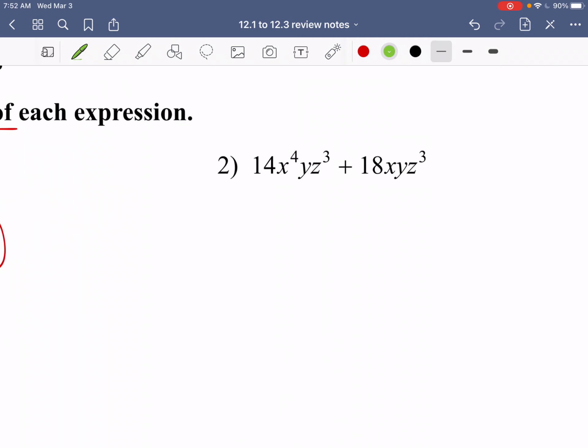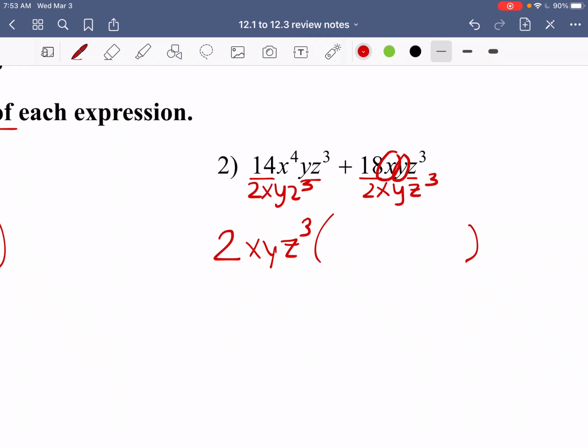Number 2, you're looking for the greatest number that goes into 14 and 18, which is 2. And then the lowest exponent. So the lowest x is x, the lowest y is y, and the lowest z is the same for both. It is z^3. So you're going to divide everything by 2xyz^3.